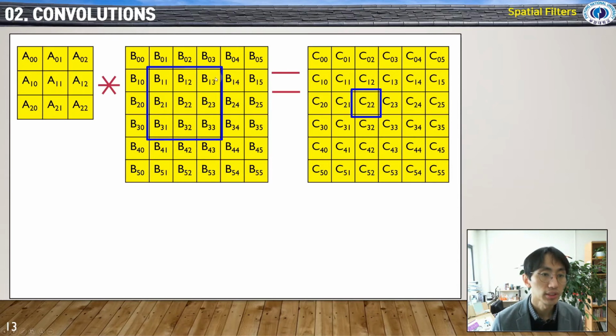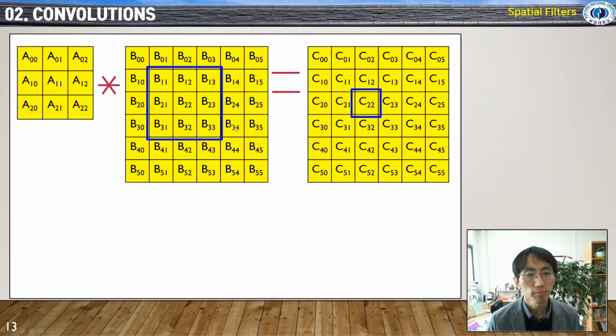And then the size of this box is the same as the filter box. If the filter size is bigger than this, now it is 3 by 3 and it can be bigger, maybe 5 by 5, then when you are boxing here, this box should be bigger, so 5 by 5.